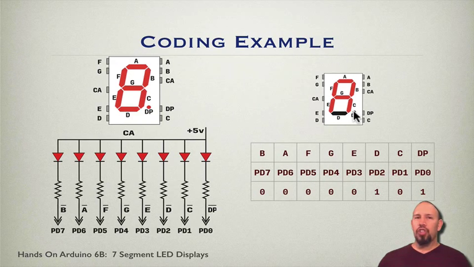So they're all asserted low, except for this one, D, and the decimal point. This is how we would define the segments that need to be lit in order to display the letter A.